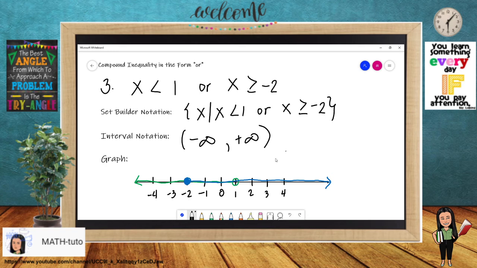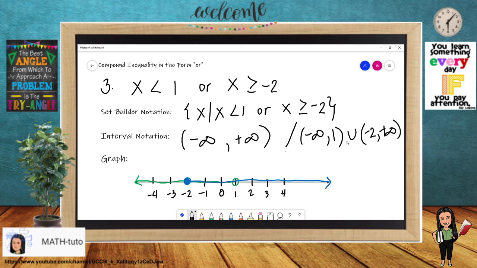So, if we write it in interval notation, it becomes negative infinity to positive infinity because everything is covered. Okay? This is the result if you get the union of, in interval notation, negative infinity to 1, union, negative 2 to positive infinity.